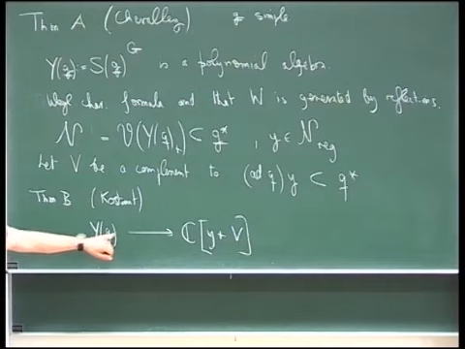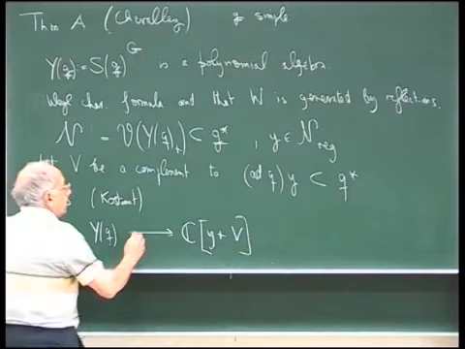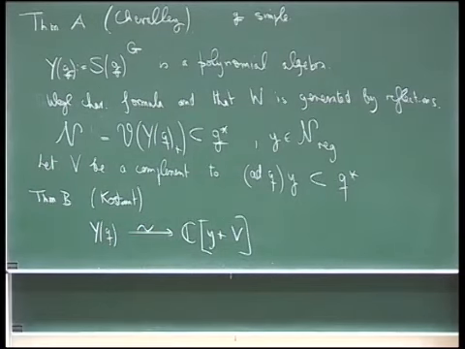This map is an embedding, that's fairly easy, but actually Kostant observes that it's an isomorphism.